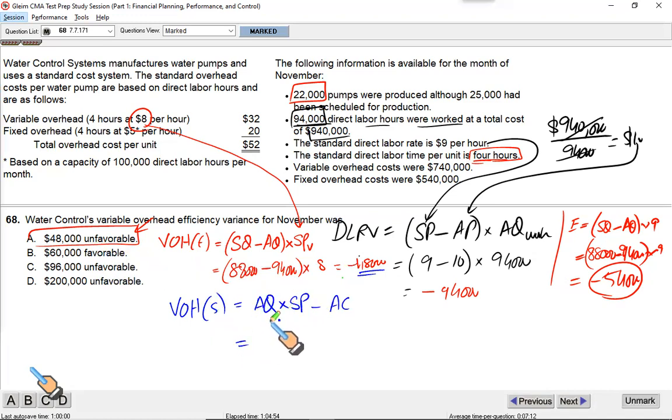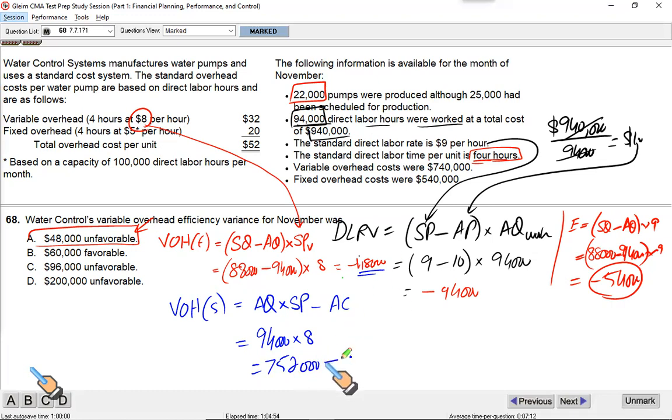The actual quantity of hours that we worked was 94,000 labor hours. The standard price, which is the variable overhead rate, is 8, which means our variable overhead should have been 94,000 multiplied by 8, which is 752,000.